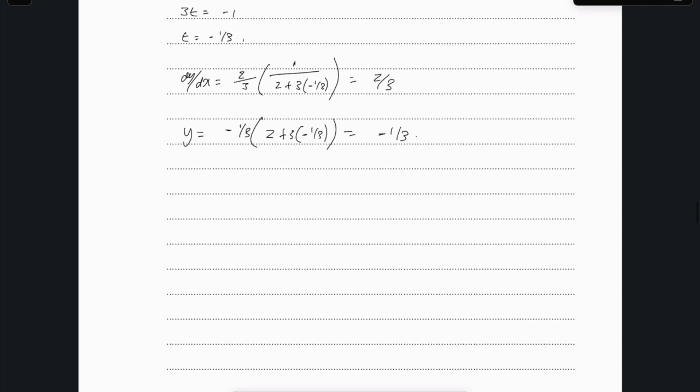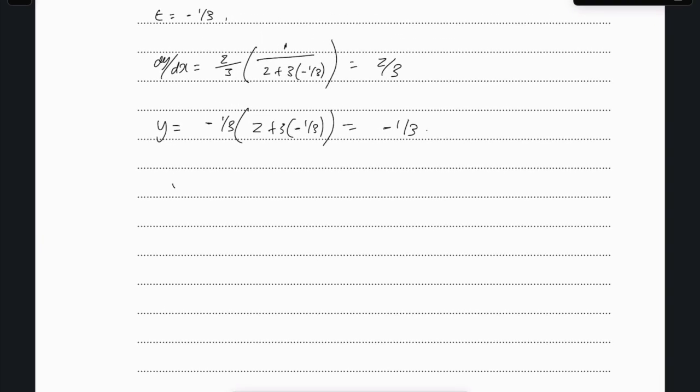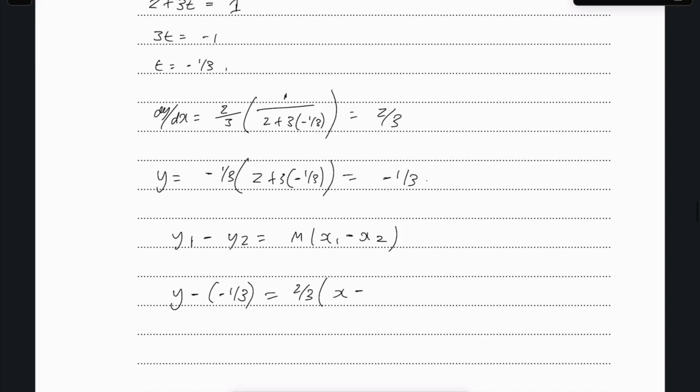Okay, so therefore what we've got is the following. Remember, y minus y1 is equal to m(x minus x1). Okay, that's our formula for the equation here. So y minus negative a third is going to equal 2 over 3 times (x minus 0).